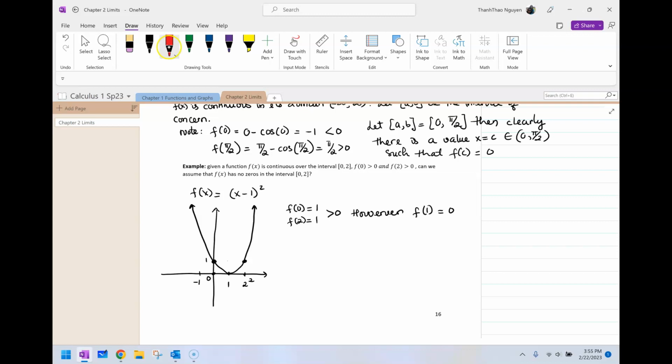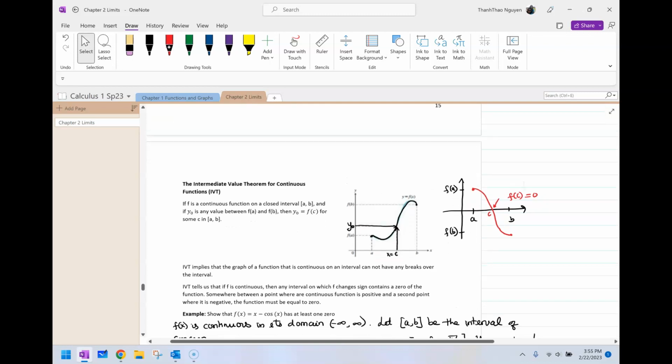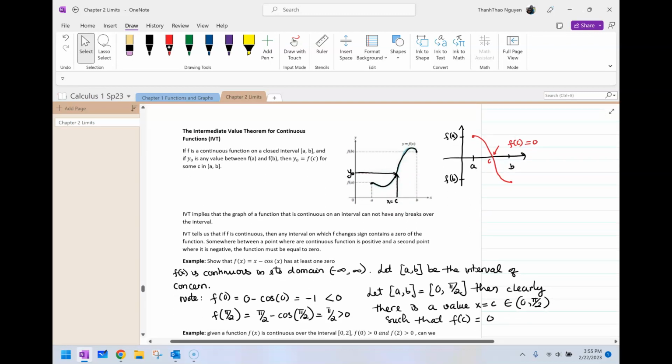So if you recall the theorem itself, it's saying that if f is continuous, then any interval on which f changes sign contains a 0 of the function.